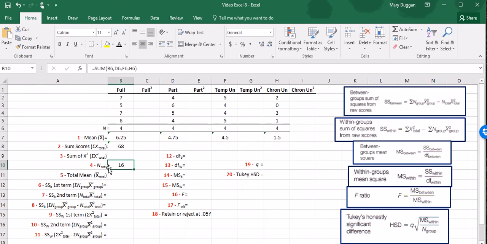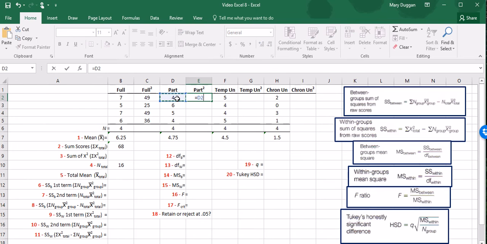Okay, the step that I skipped is step 3, which is to find the sum of x squared. Remember that the sigma symbol means sum, and we have x squared for all of them. So we're going to have to go through and find the squared scores individually first. We've done this before. 7 caret 2. I'm going to drag it down, and I have the squared scores for the full-time employed.